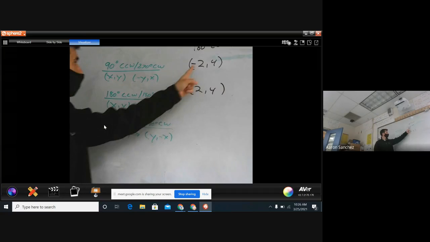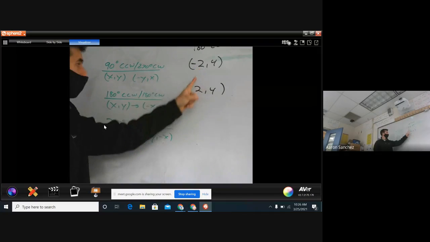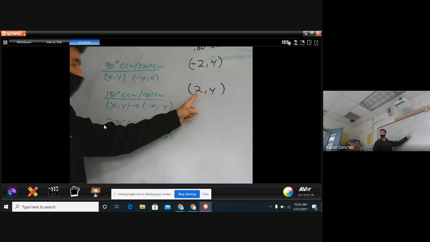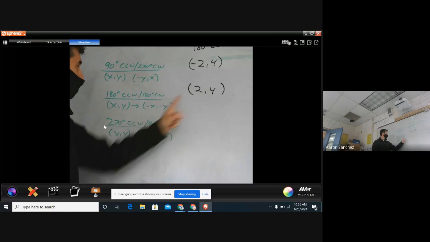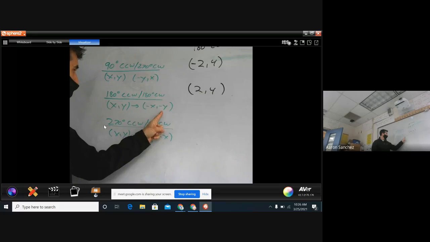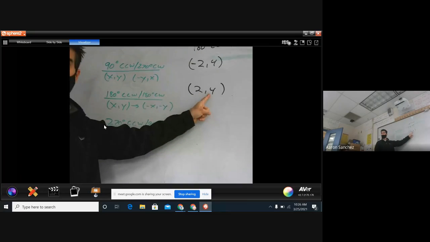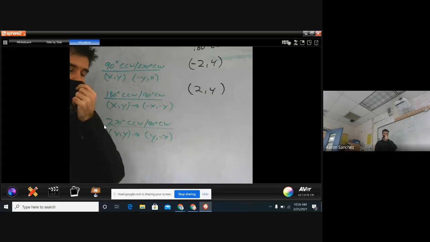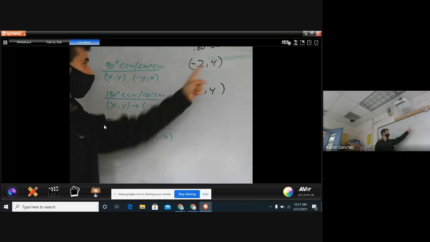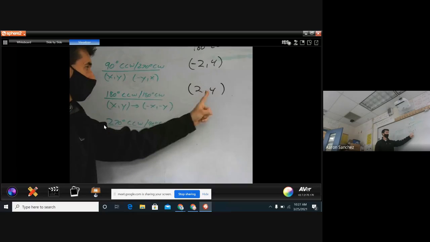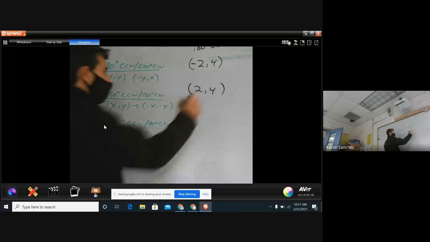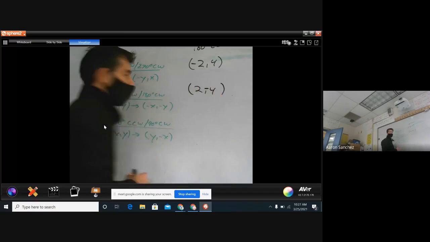So this was -2, so we want to change it. It becomes positive, +2. And the 4 was positive, so we change it to negative. So you get 2, -4.